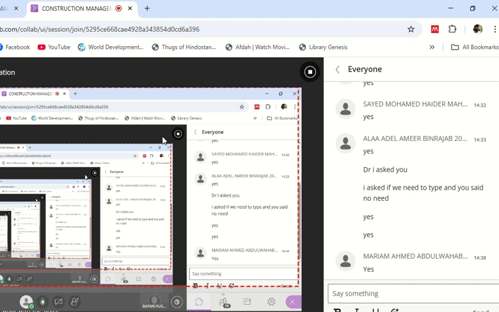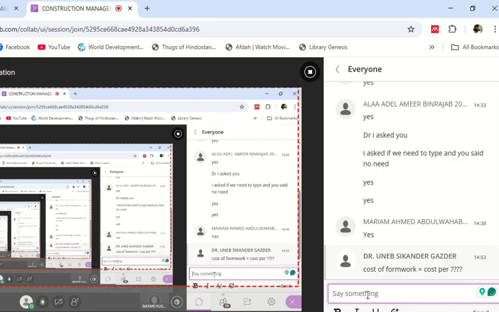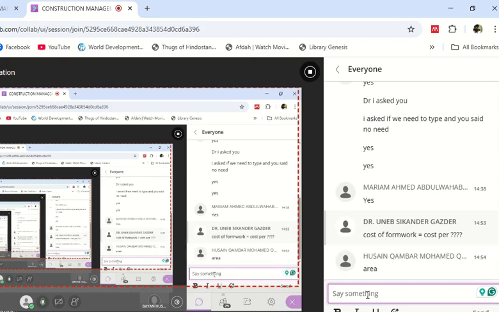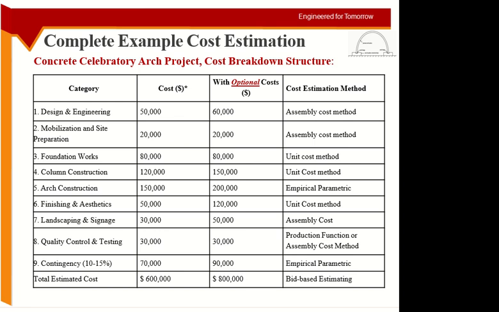Cost per... so BD or dollars per what? Yeah, anyone? Yeah, it's per unit area. Nice. And for concrete it's per cubic meter and so on and so forth.